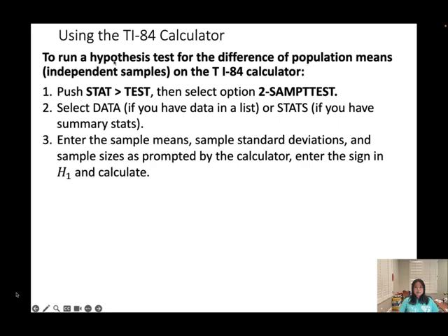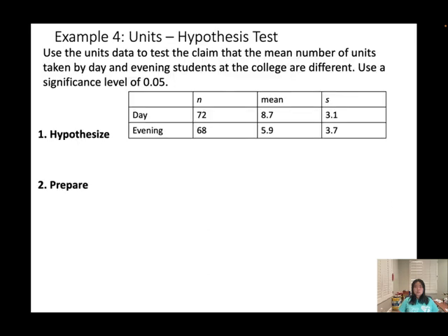Okay, look at the step how you guys use your calculator to find the test statistic and the p-value. We do have the same example from the previous slide. That one is construct the confidence interval. This one will be working on the hypothesis testing. So first, we're gonna write down the null hypothesis.